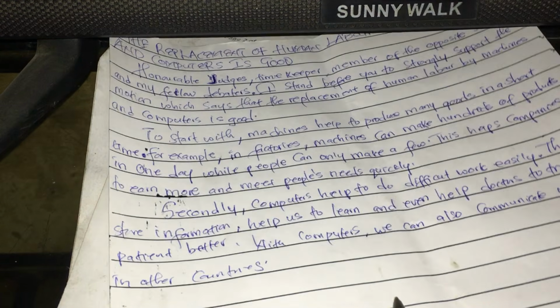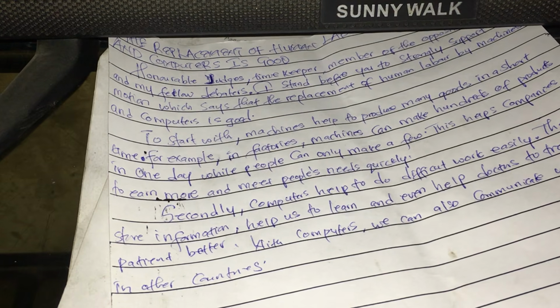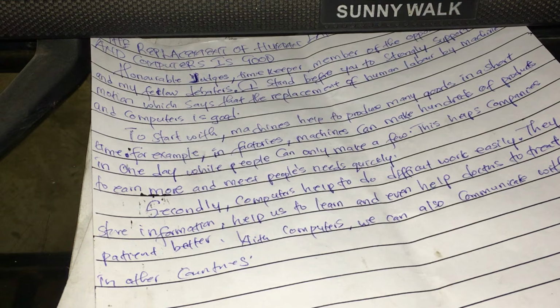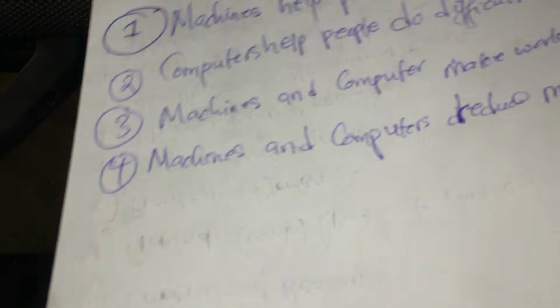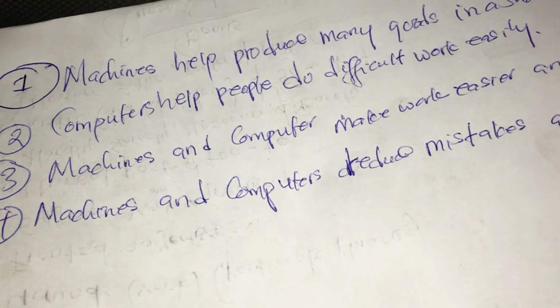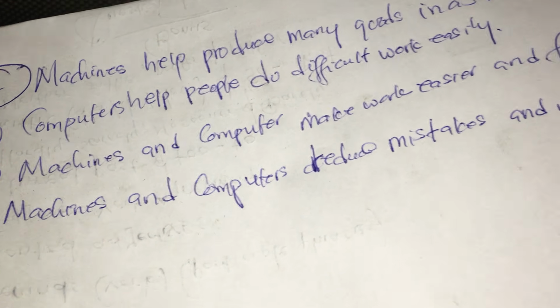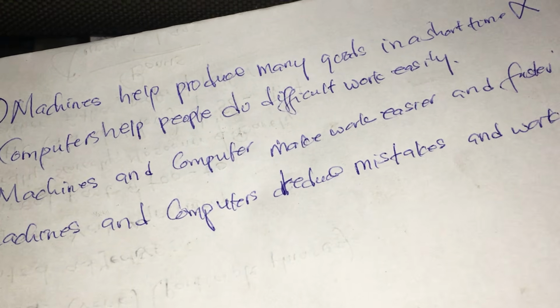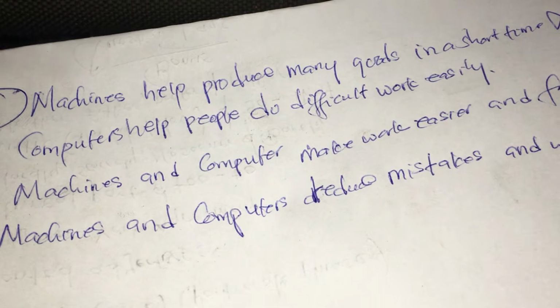Okay, so now let me show you how we end it, or let me just give out this other point. If you check, we have machines and computers reduce mistakes and work. So machines and computers make work easier and faster. So computers help people to do. Other points you have written them.